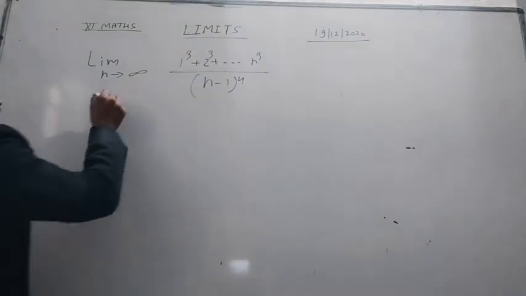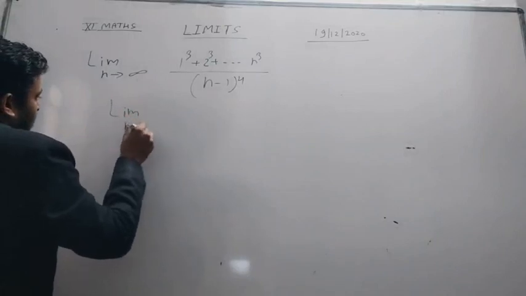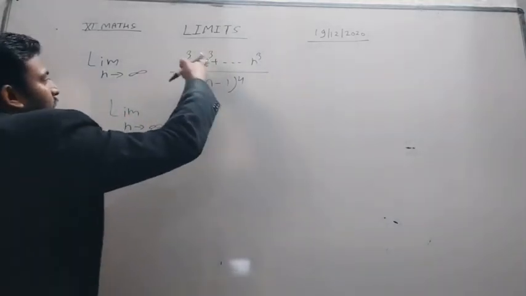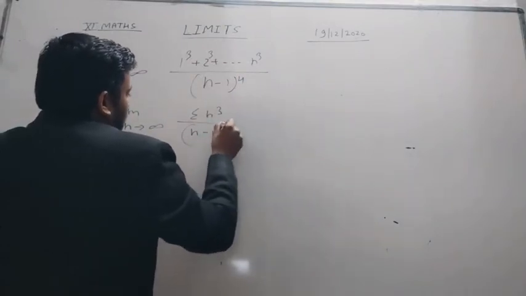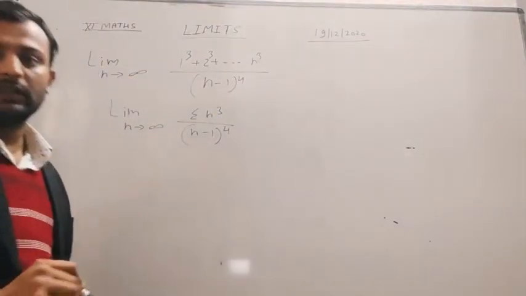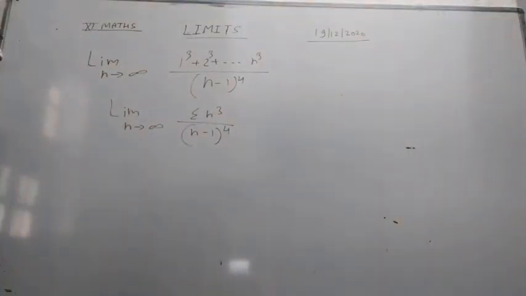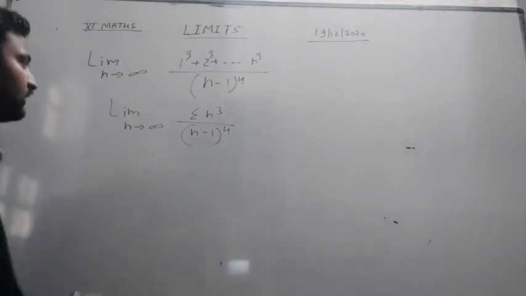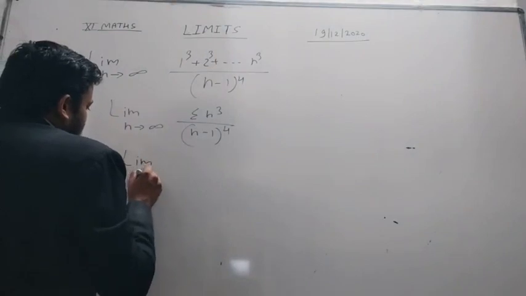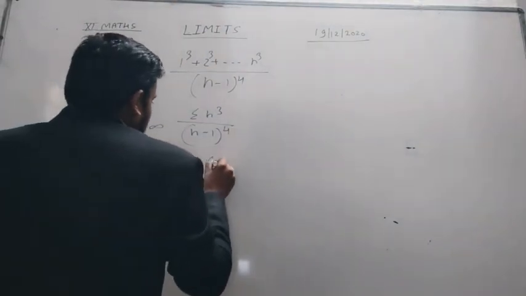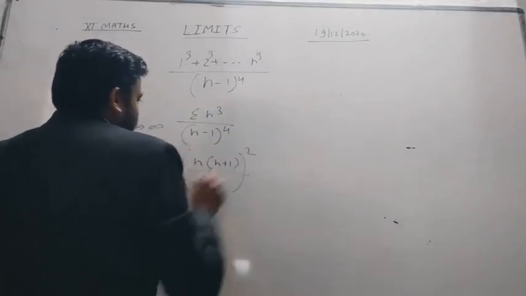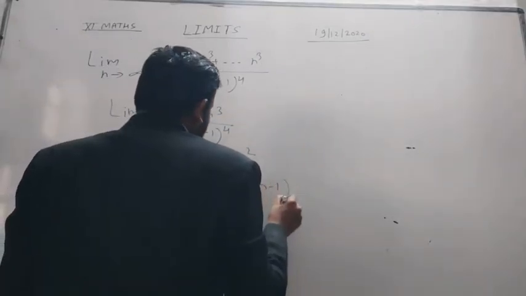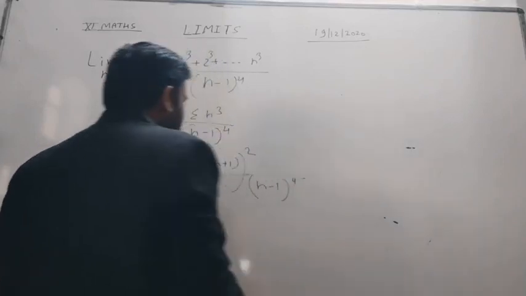Okay, student. So the limit as n tends to infinity of summation n cube over n minus 1 to the power 4. And we know the value of summation n cube is n into n plus 1 by 2 whole square. So we write the limit as n tends to infinity of n into n plus 1 by 2 whole square, over n minus 1 to the power 4.